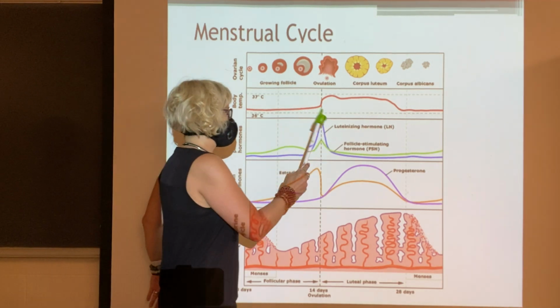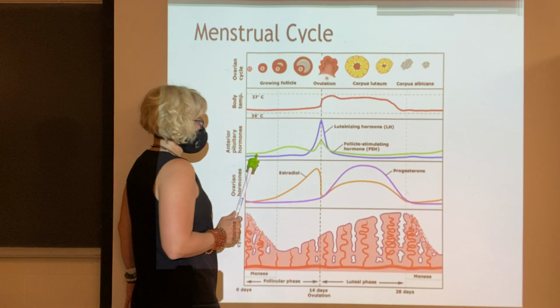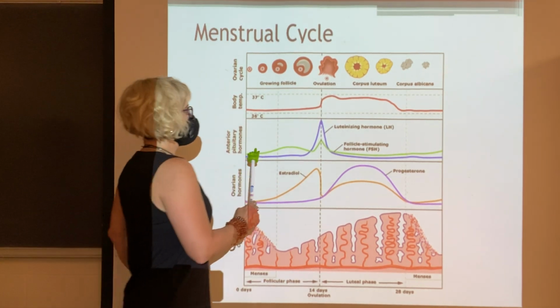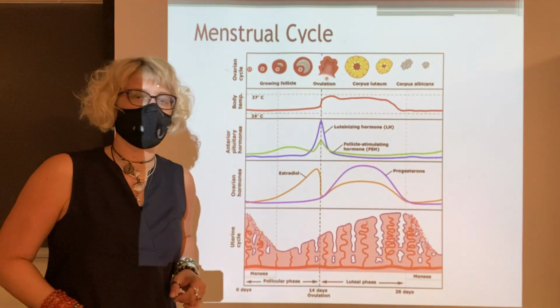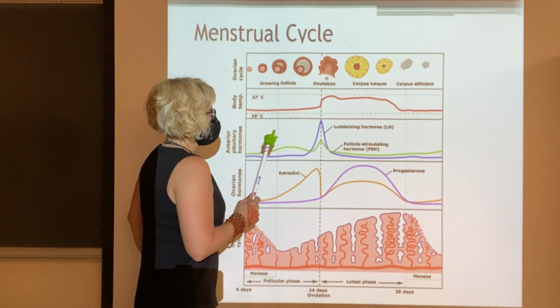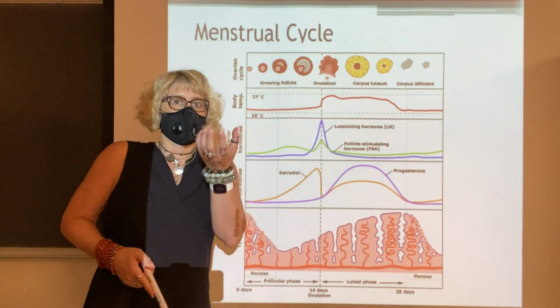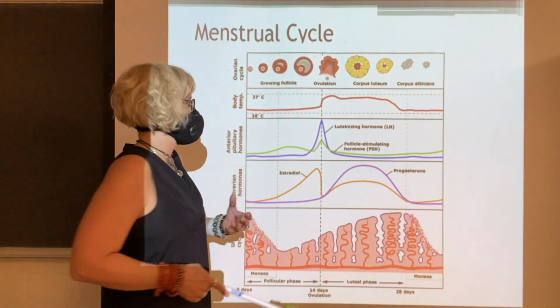The first 2 hormones that are important to follow the first 14 days are luteinizing hormone and follicle stimulating hormone. And you know that these come from the anterior pituitary, right? You remember they come from the anterior pituitary. So follicle stimulating hormone is going to develop the egg and cause ovulation.